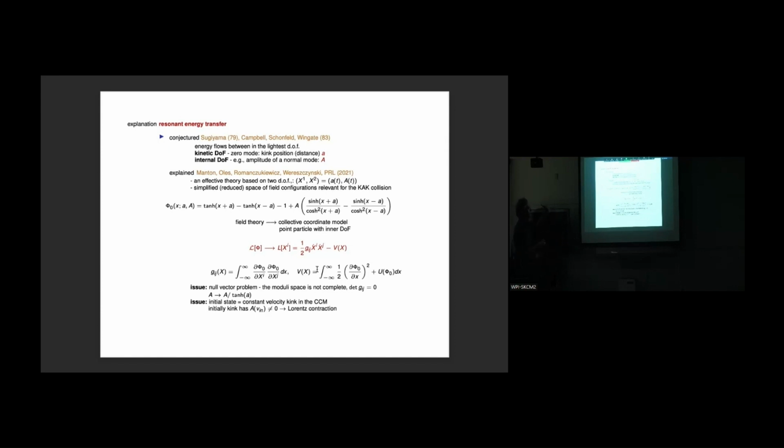So you can reduce your field theory to a two-dimensional mechanical system, a point-particle-like system, where you have king, anti-king at given positions, and then you have these internal modes. They have this form, it doesn't matter, and they have an amplitude. So you have two coordinates, one is the position, another one is this amplitude. Now what you do, you take this configuration, plug it into your original Lagrangian, integrate over the spatial coordinates, and assume that all dynamics is hidden in the dynamics of these two degrees of freedom.